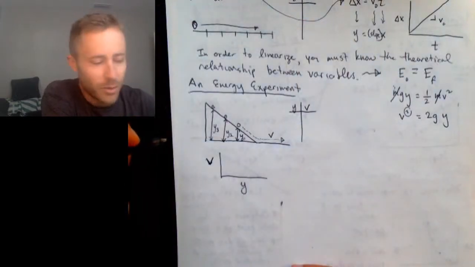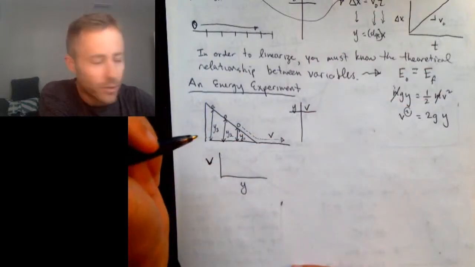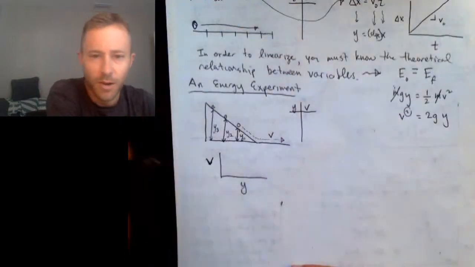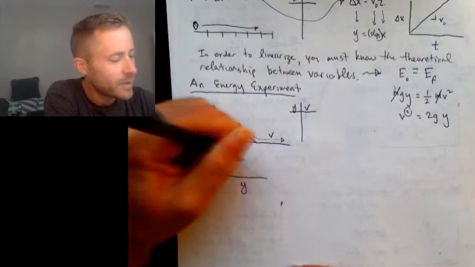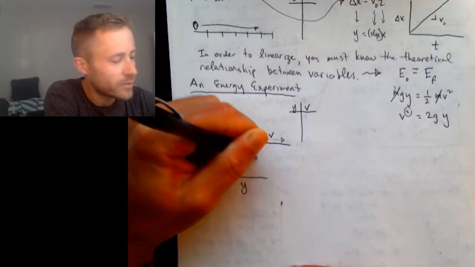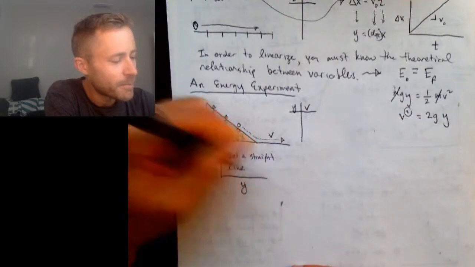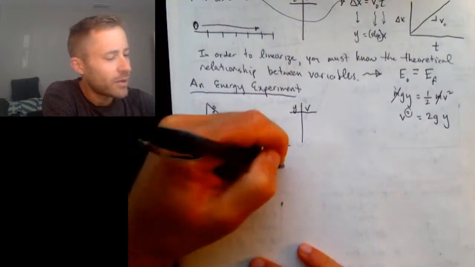It would have to be v equals a constant times y in order for this to be a straight line, but instead it's v squared is a constant times y. So this graph is not a straight line. But how could I linearize it?